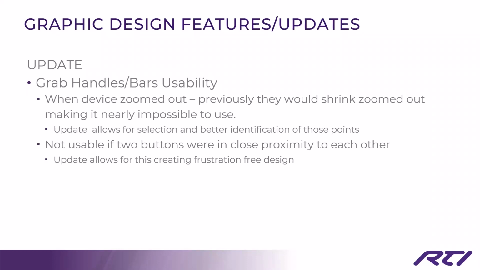Well, now if you select that title bar as an example and go over to the grab handle and drag it over, even if it's close by that other one, it will still remain selected and you can make the adjustment. It creates a much less frustrating design application. So I'll show you both those in just a second.